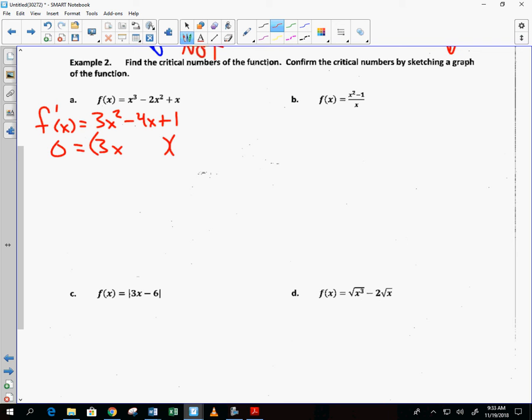3x minus 1 and x minus 1. Is that right? So therefore, we have x equals positive 1/3 and positive 1. Take out your calculator.